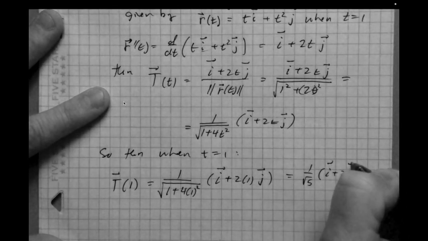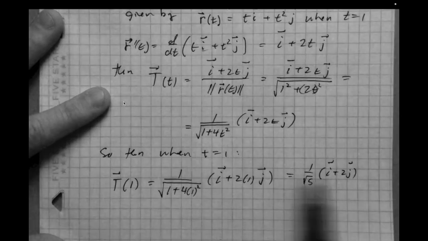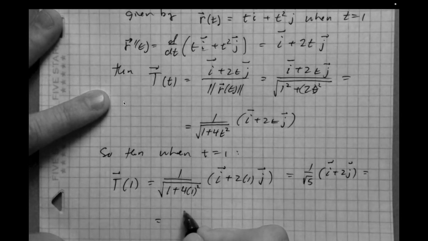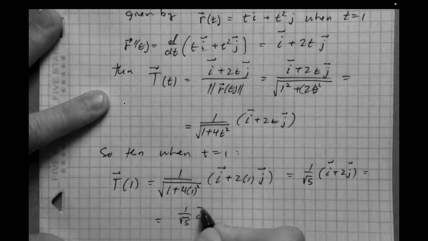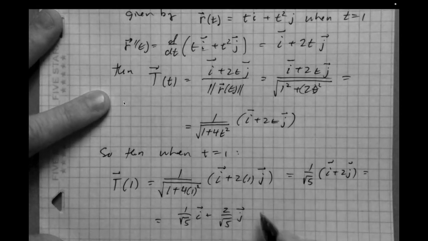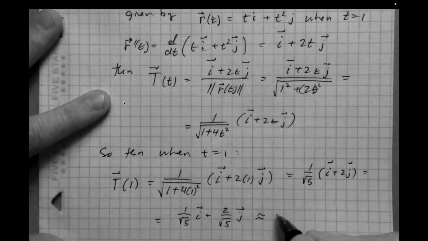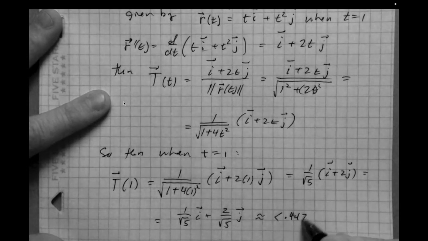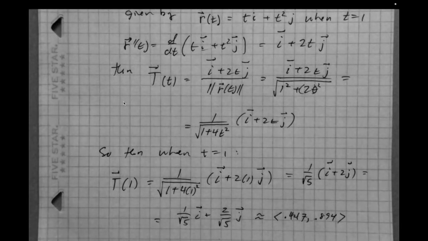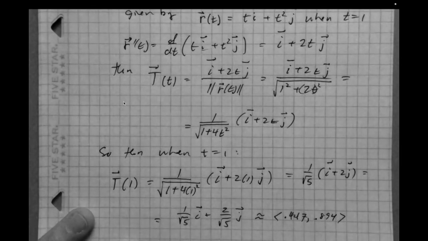A better way to write it would be 1 over the square root of 5 times i plus 2 over the square root of 5 times j, which is approximately 0.447 and 0.894. You can obviously see that's a unit vector. You can imagine squaring both of those components and adding them together. You're going to get 1, and away you go.